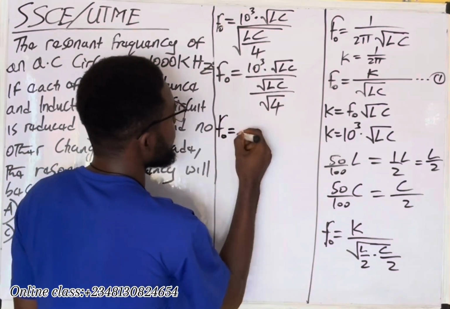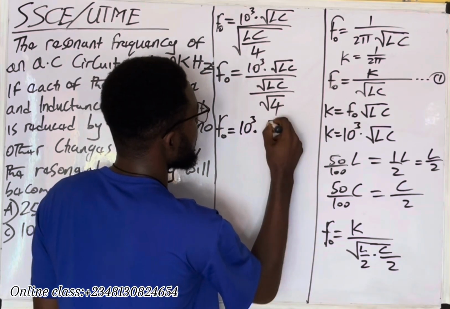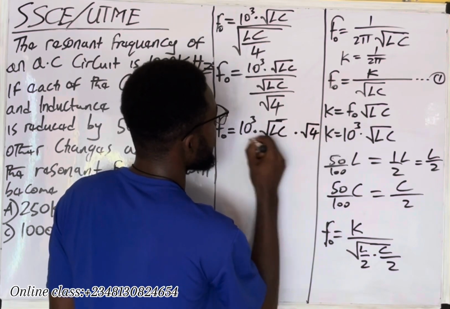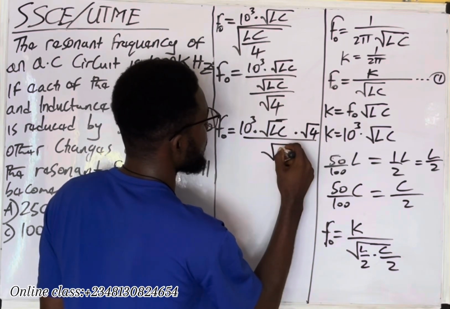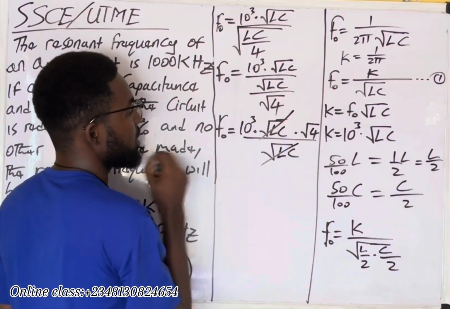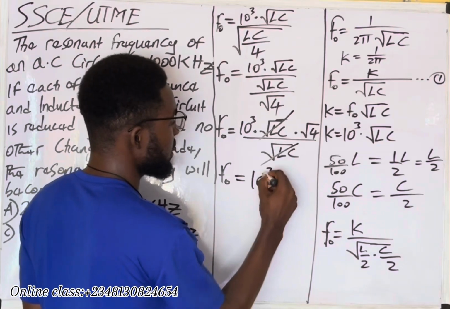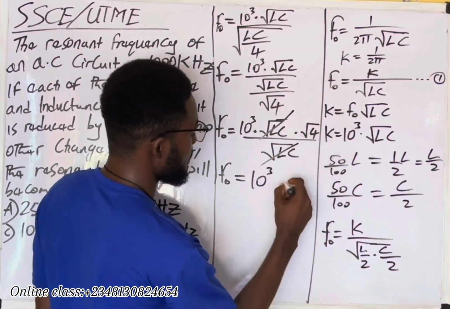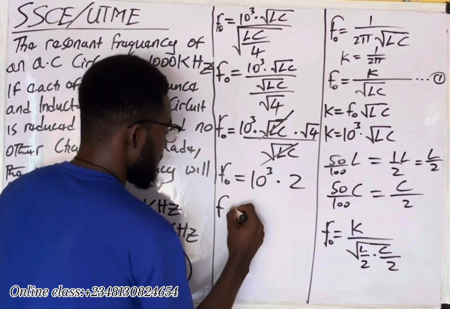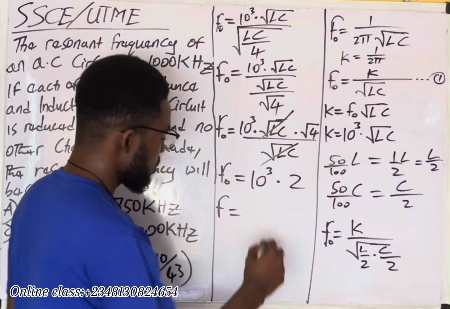Very simple. The frequency is 10 raised to the power of 3 dot square root of LC dot square root of 4 all over square root of LC. You can see that this will take away this. So the resonant frequency becomes 10 raised to the power of 3 times the square root of 4, which is 2. 10 raised to the power of 3 is 1000, and 1000 times 2 is 2000.